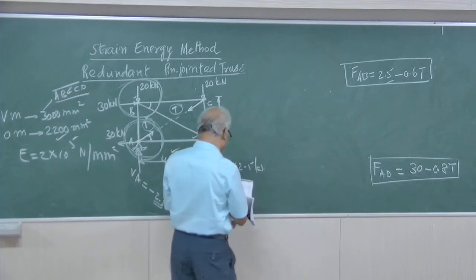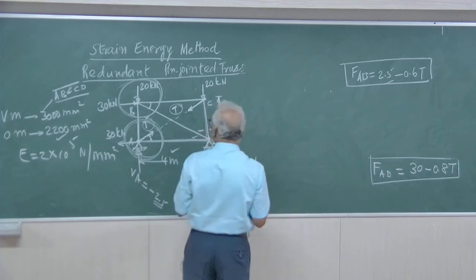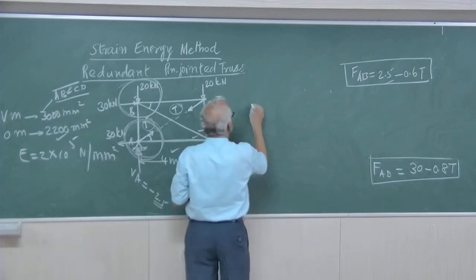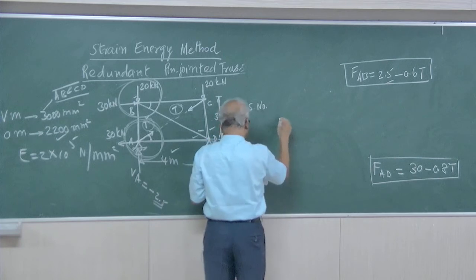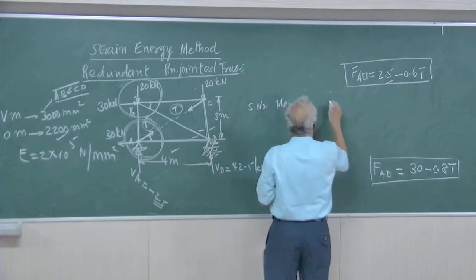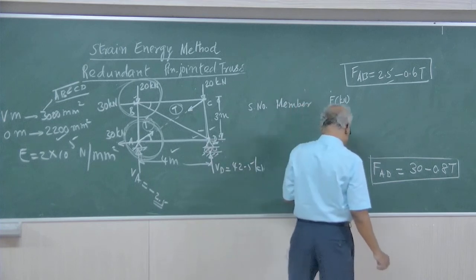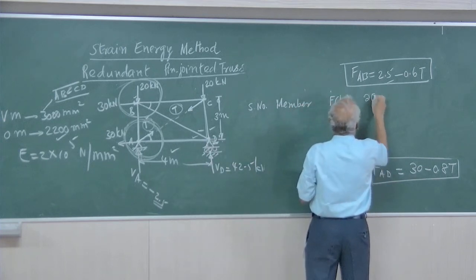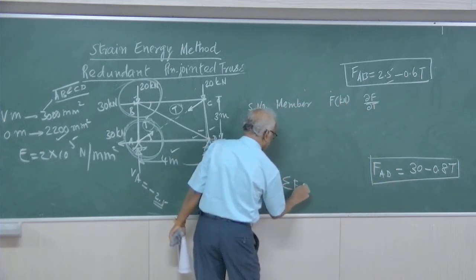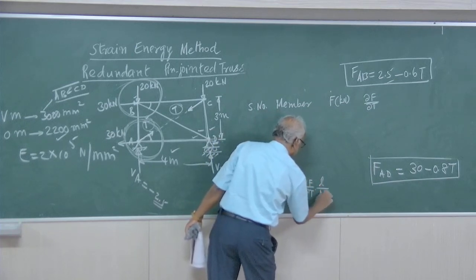The columns you can open out only after doing two more joints, joint B and joint C. So serial number, then member, F as given in the formula, F, then dou F by dou T, because we know the formula sigma F into dou F by dou T into L by AE equal to 0.